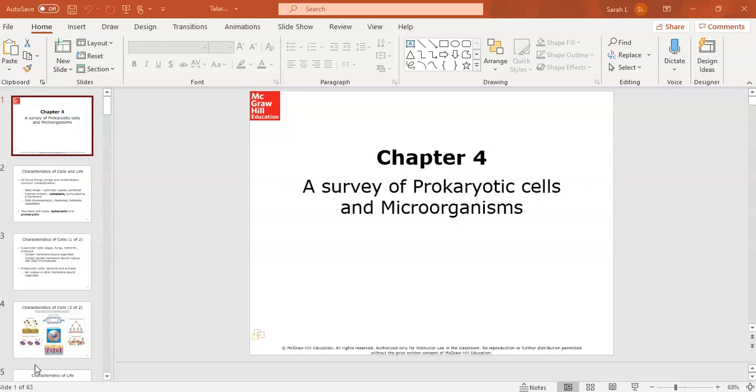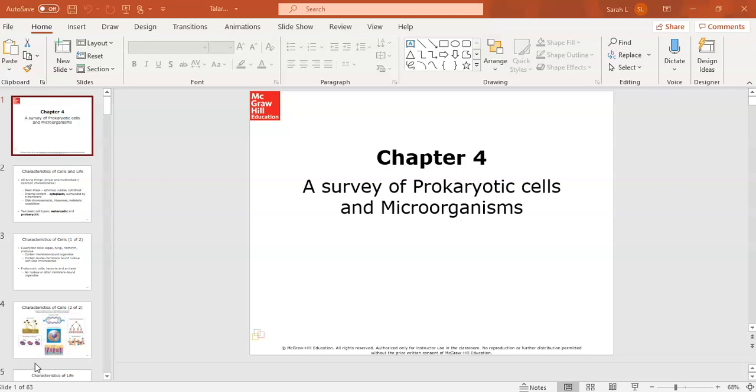This is really going to be a lot of the information that you're going to need to understand as we start to talk about specific diseases and start looking at specific classifications of microbes to understand how they're placed into those different classifications, but just to understand the anatomical and physiological structures that allow microorganisms to function. So, this is really just a very important chapter for you to thoroughly understand.